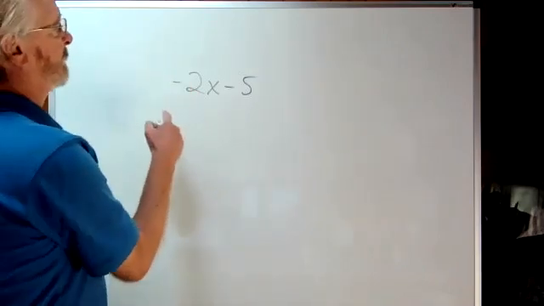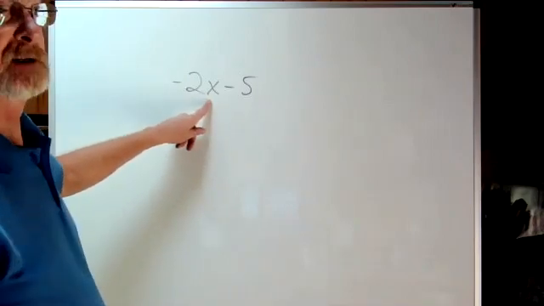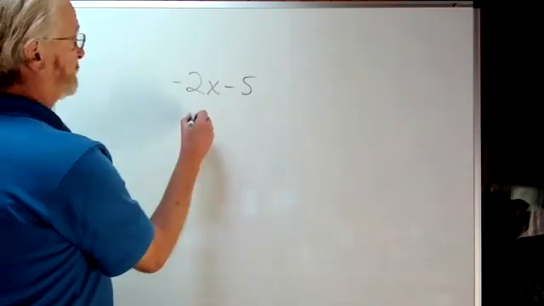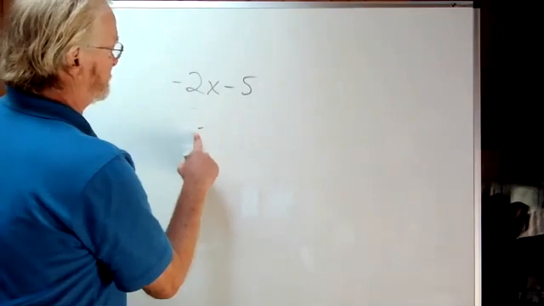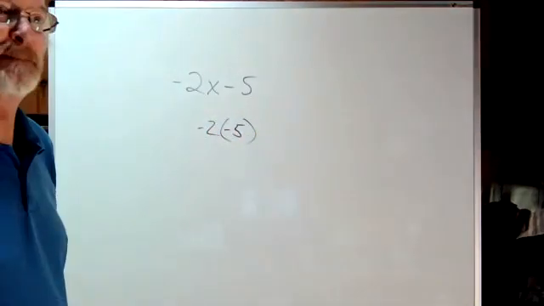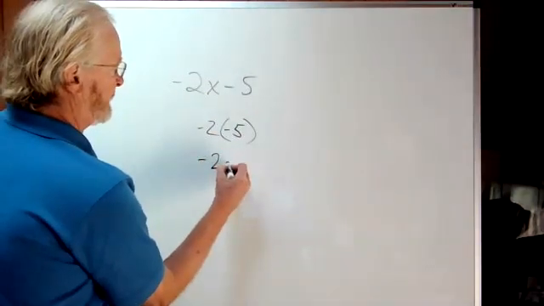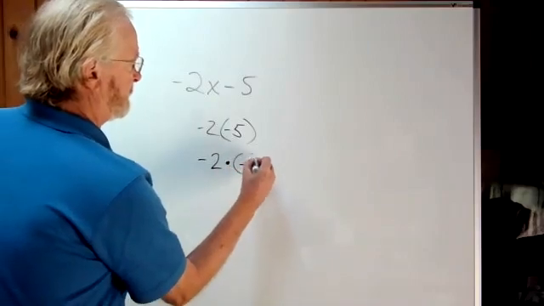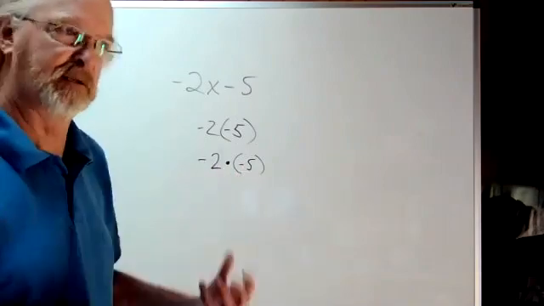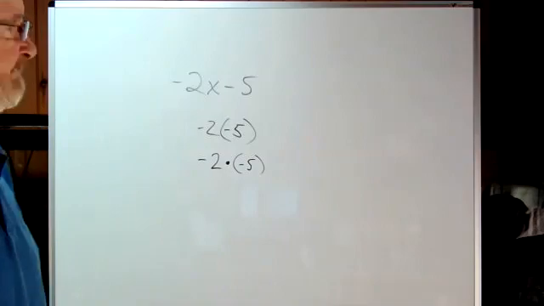So if in that example she presented, this was supposed to mean -2 times -5, the way we would prefer to see that, of course, you don't even need the parentheses on the first number, is to put them side by side to mean you're multiplying them together, or if you really like it, put the dot in there. But that negative sign needs to be wrapped up in parentheses to say it's attached to that 5, and it's not a subtraction sign.